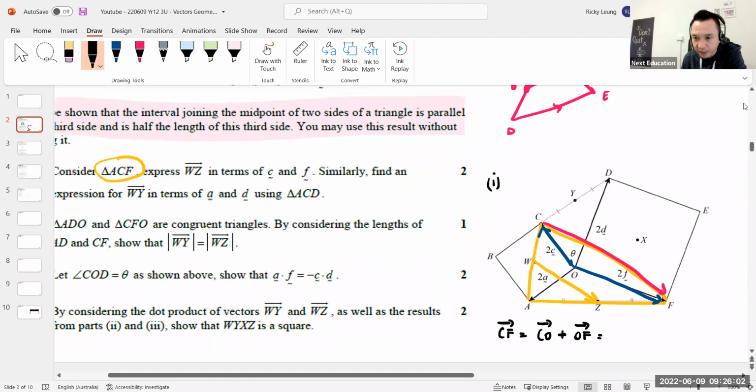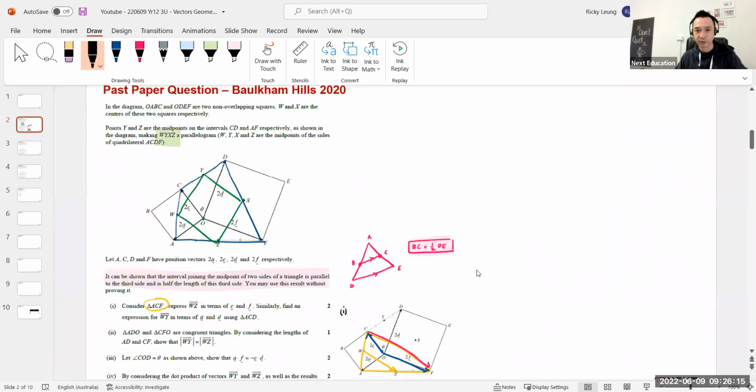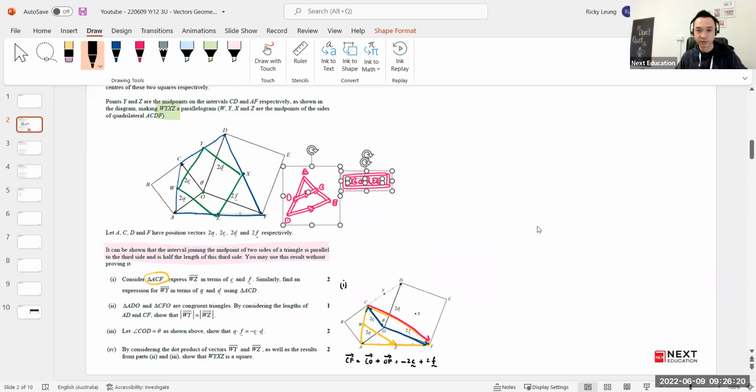So CO is negative 2C plus 2F. Oh, it keeps going down. I have no more vertical space, so this might be a good time. Firstly, I'm going to move this guy into the question.